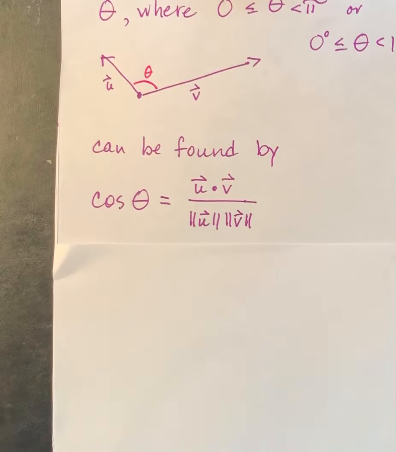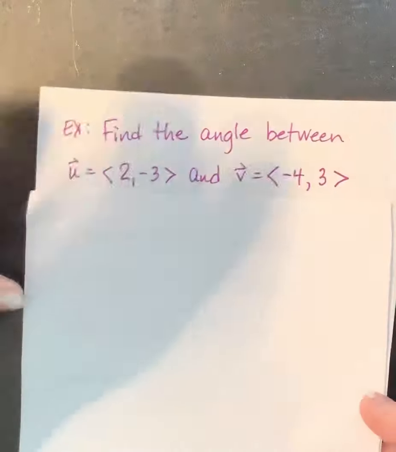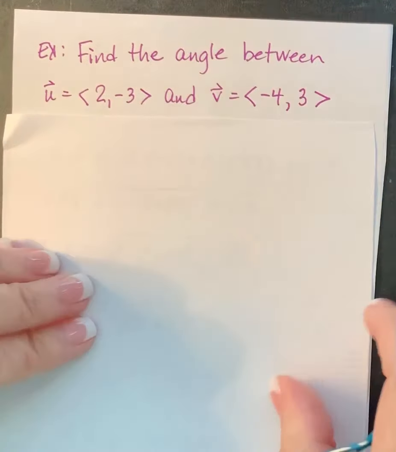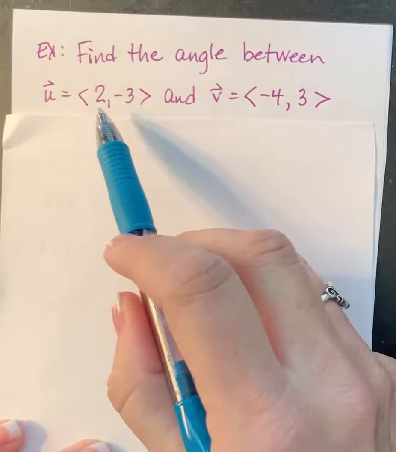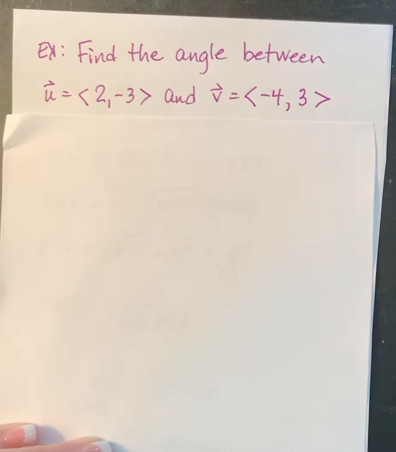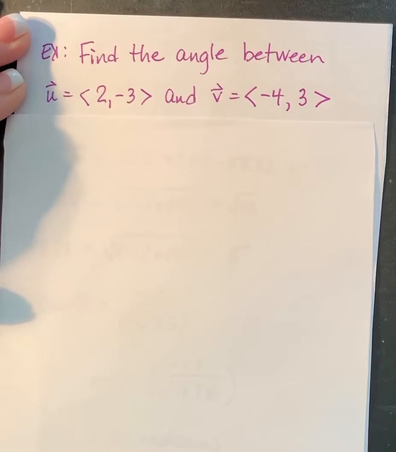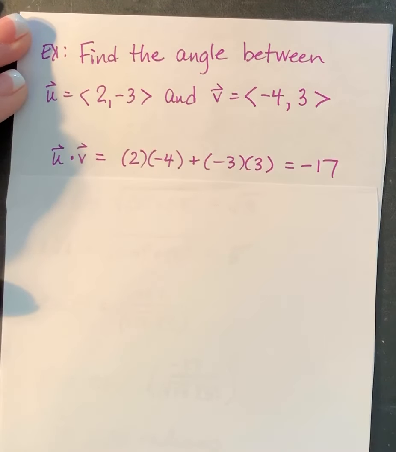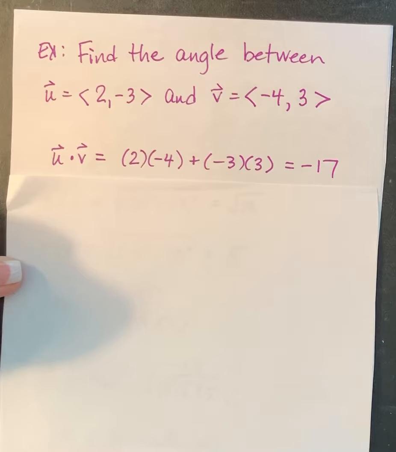Okay, so let's just do an example with numbers. Find the angle between, and here are two random vectors, 2, -3, and -4, 3. Okay, so you'll need 3 things to start off with. You'll need to find the dot product of the two vectors.